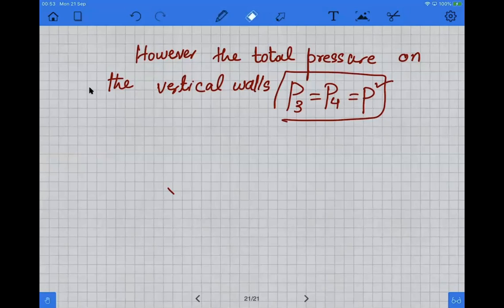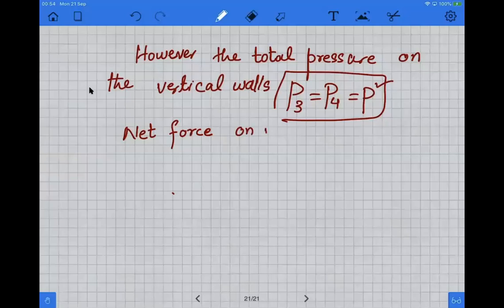However, the net force on the vertical walls, force is a vector. Since force is same from all the sides, and when the vectors have a uniform distribution or they have equal values from opposite sides, they cancel out.